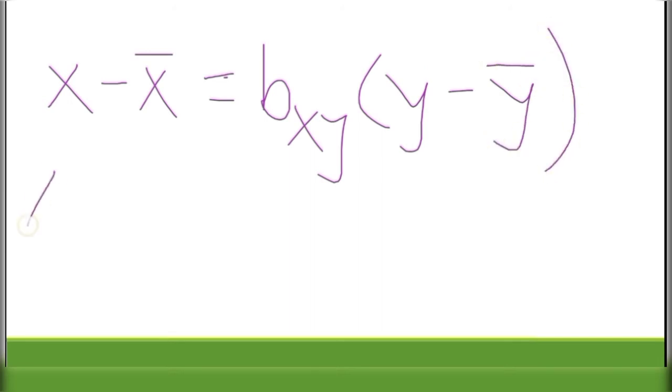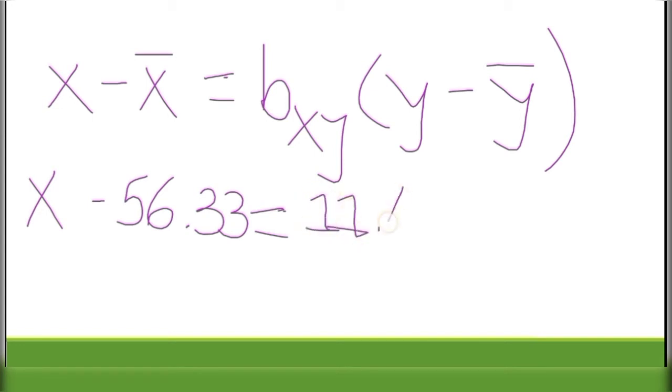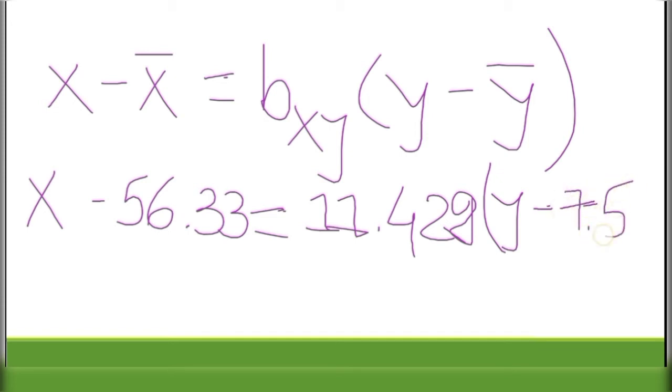X bar is 56.33. bxy is 11.429. Y minus y bar. Y bar is 7.5. Just solve this equation.